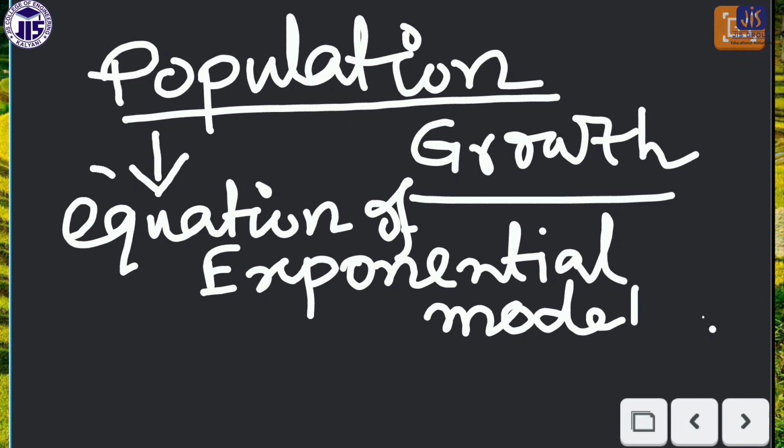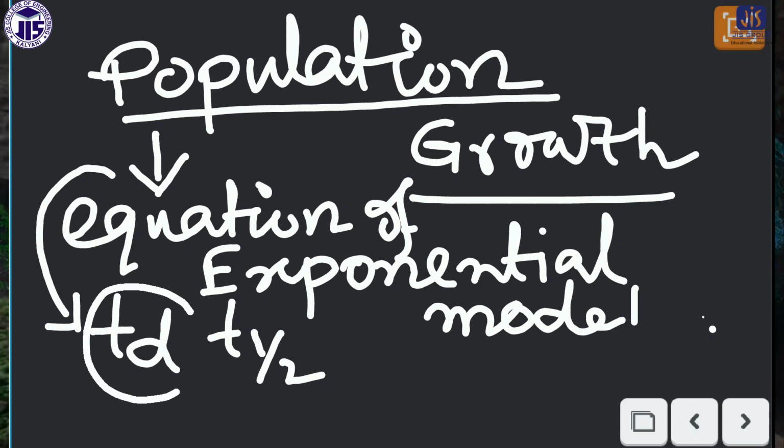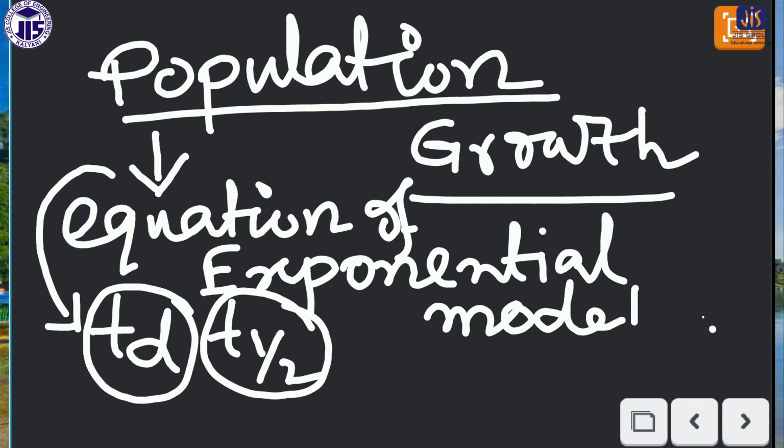Then we determined the equation of the T D and the equation of the T half, and how T D and T half are interrelated with each other. We also discussed how they are interdependent.